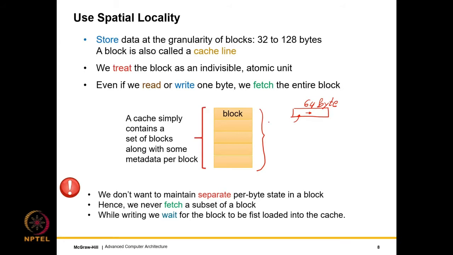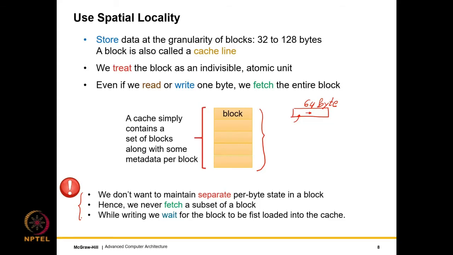There are certain important points to keep in mind. The first is that we don't want to maintain any per byte state in a block. We'll keep some high level information for a block, which is basically its memory address and so on, but at the level of individual bytes, we don't want to spend any space keeping extra information.